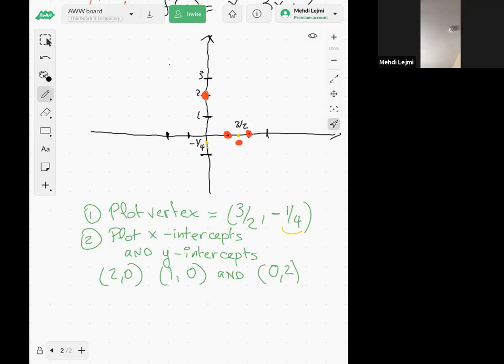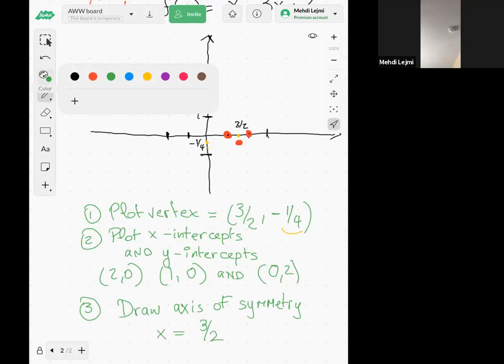Last thing to do is to draw the axis of symmetry. And we said the axis of symmetry passes through the vertex, right? The axis of symmetry is x equal to 3 halves. It's a vertical line, and it passes through my vertex. Again, this is my vertex, guys.